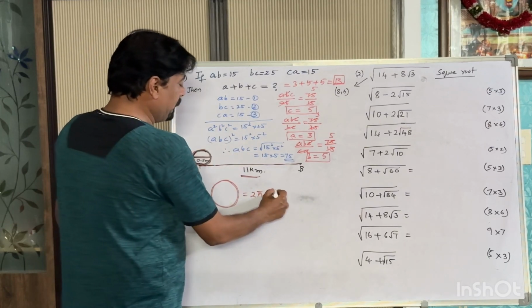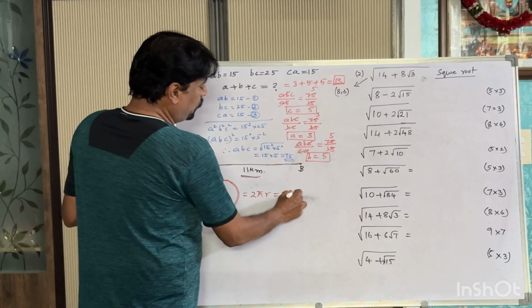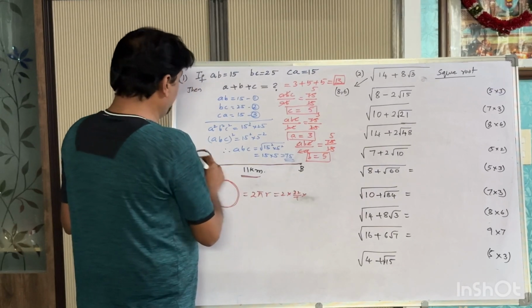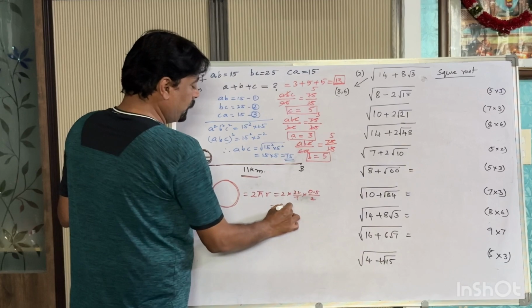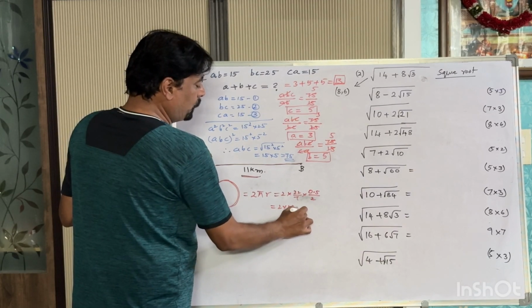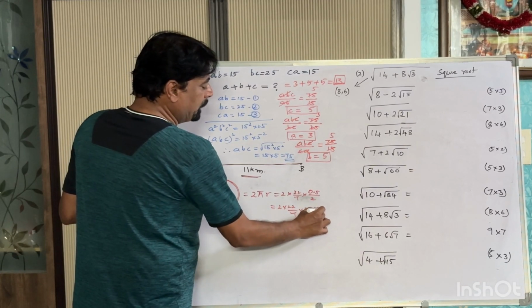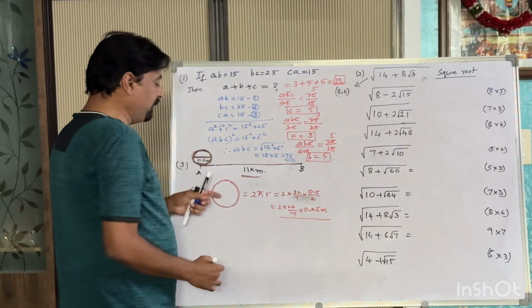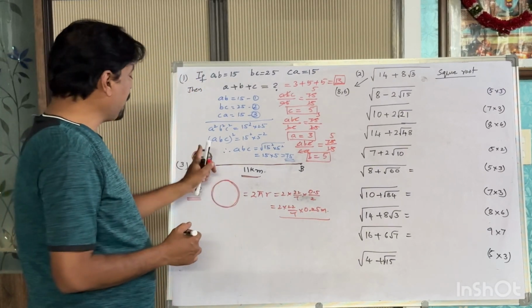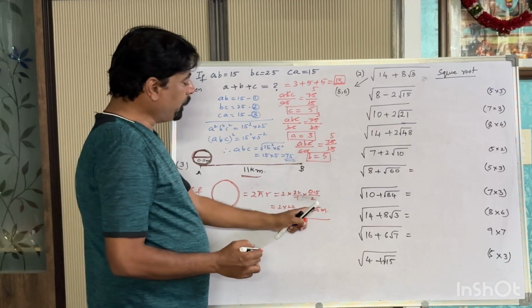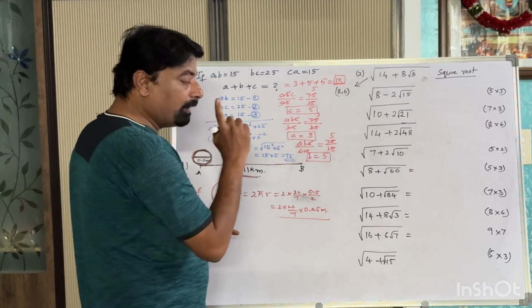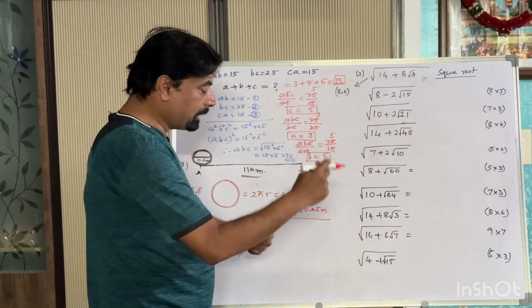Here 2 pi is 2 into 22 by 7. The radius is 0.5, the diameter by 2, so 0.25. So this wheel will travel 2 into 22 by 7 into 0.25 meters in one rotation, I mean in one circle.